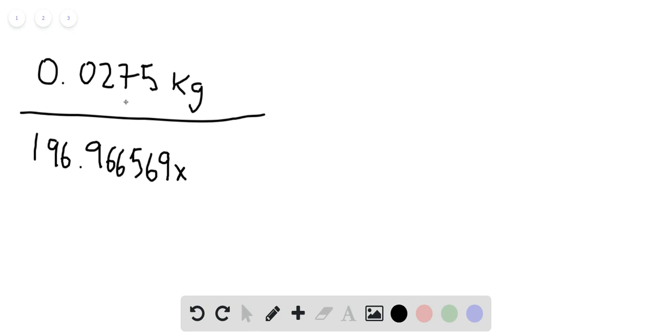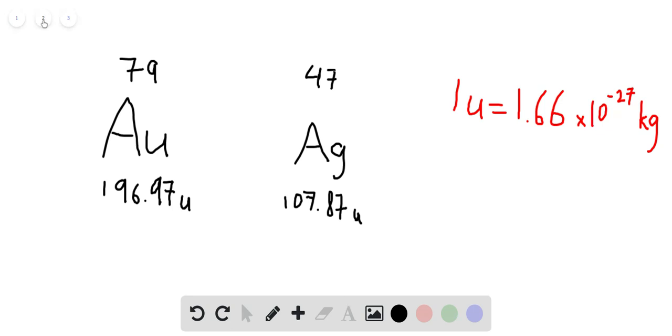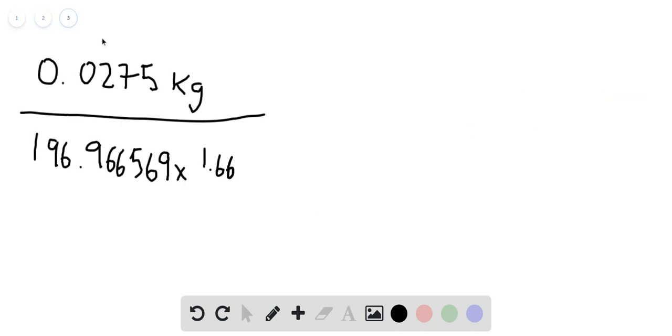Times U, which is 1.66 times 10 to the minus 27 kilograms per gold. So I will note Au is one particle of gold, or number of gold.